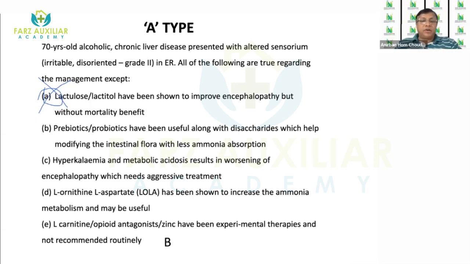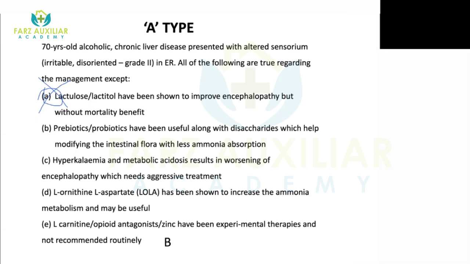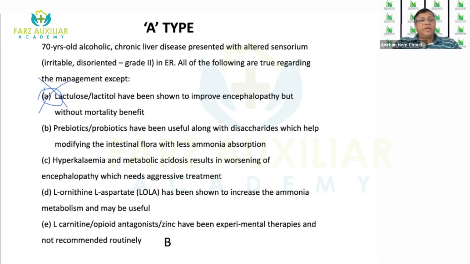So all the others are true, and therefore it is very important to figure out from here that all the other choices enumerated here are part of the routine management, except B, because the cause cited here is not correct: prebiotics or probiotics do not modify the intestinal flora with less ammonia absorption.